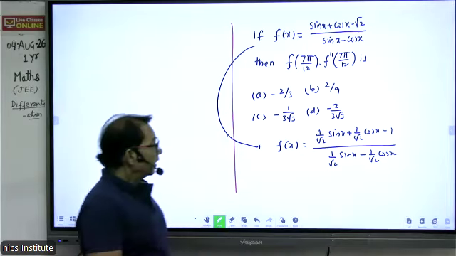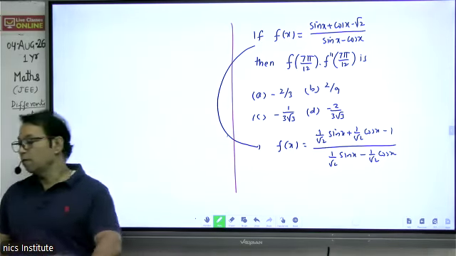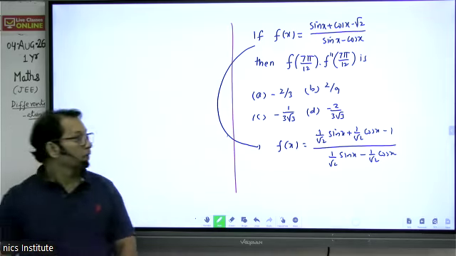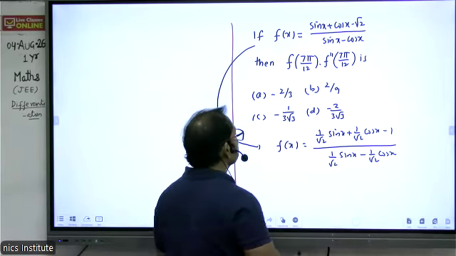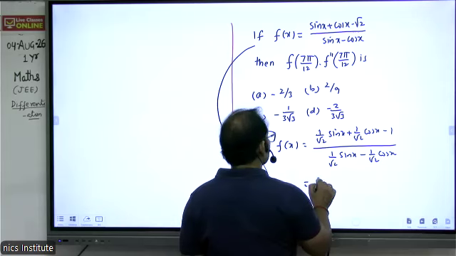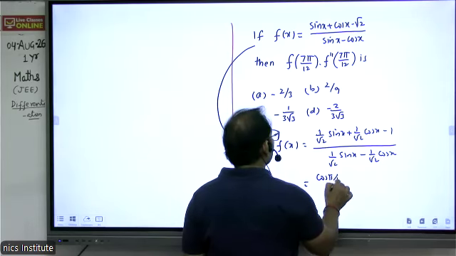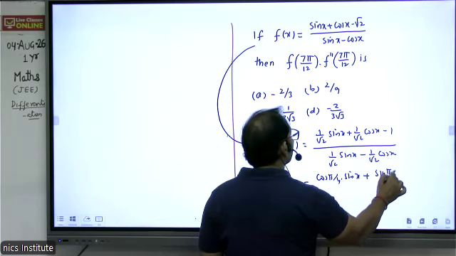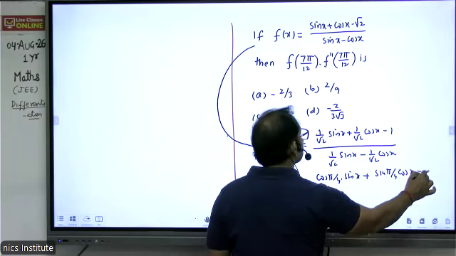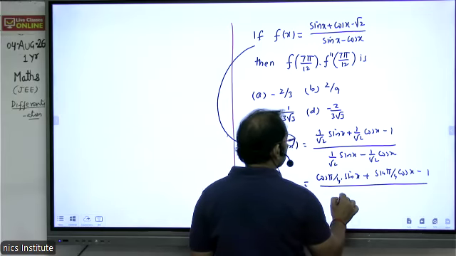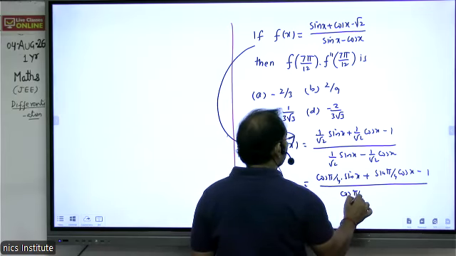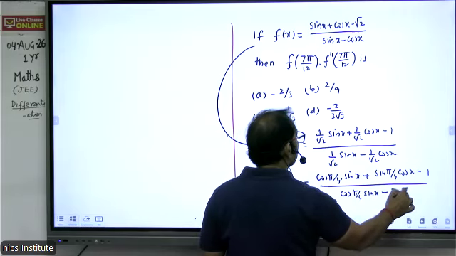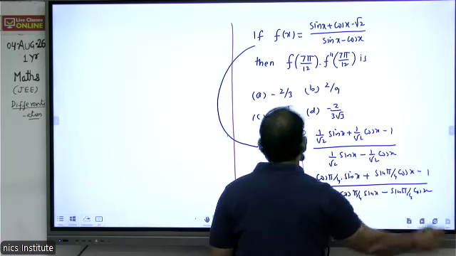1 by root 2 you can write either as sin pi by 4 or cos pi by 4. So this is cos pi by 4 sin x, sin pi by 4 cos x minus 1 divided by cos pi by 4 sin x minus sin pi by 4 cos x.